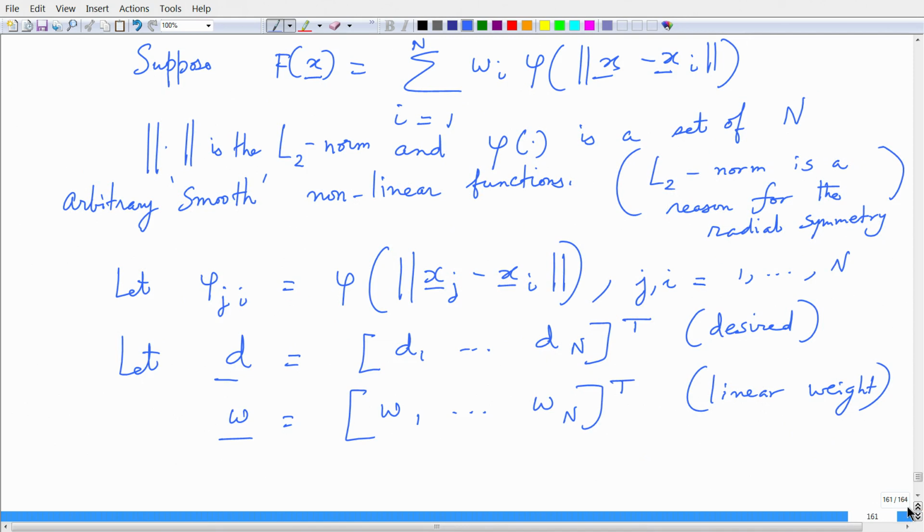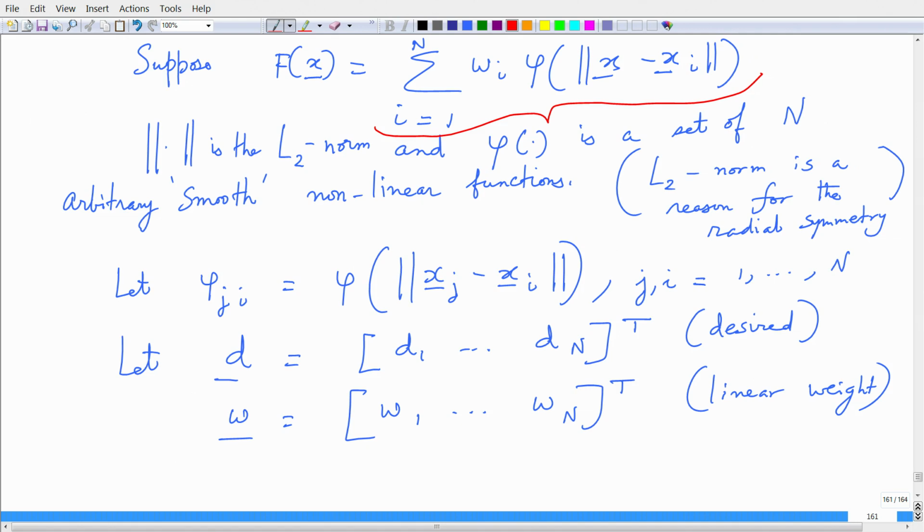Now, this function capital F acting on this data point x can be written in this form. It is a linear combination of these non-linear functions phi acting on the data point.